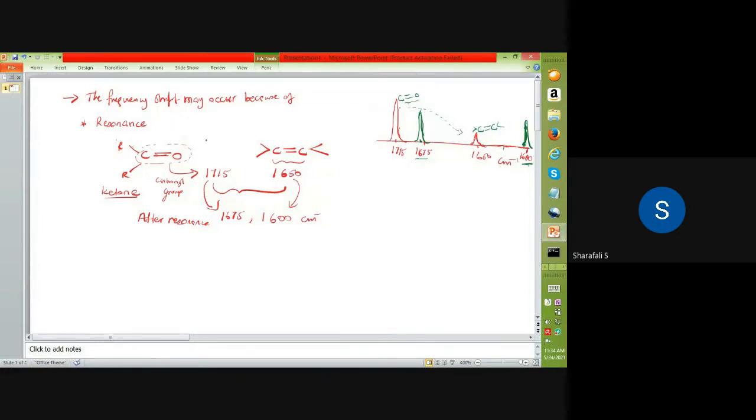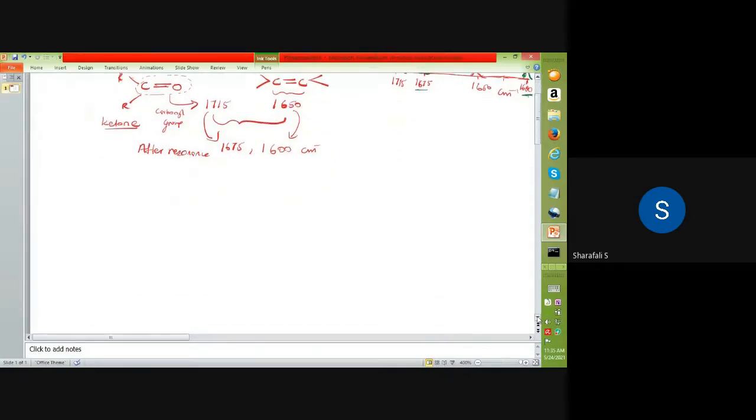After resonance, there is a possibility that the frequency of the bands may be shifted to some different positions. Now, the second cause for frequency shift is the change in physical state.